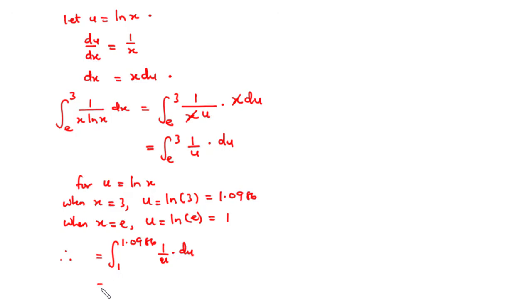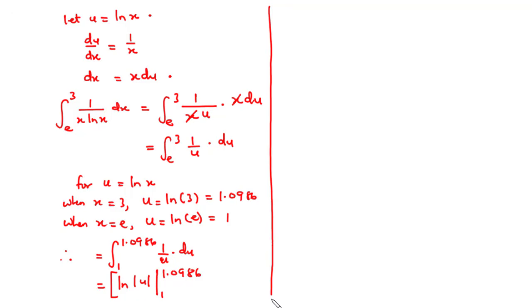du. Now when you integrate 1 over u du, then we are going to get ln of the absolute value of u, and we have the lower limit to be 1, upper limit 1.0986. So this will be equal to, let's plug in the values of both the upper and the lower limits into this.